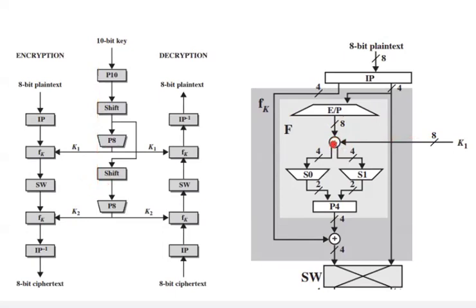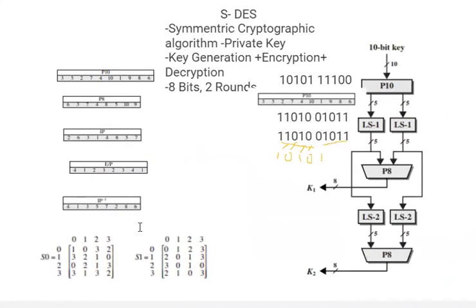And then the next is again these 4-bit get divided into a left nibble and a right nibble. So again here you will find S0 and S1 written. S0 and S1 are nothing but the substitution operation. So I'll be discussing the substitution operation over here.